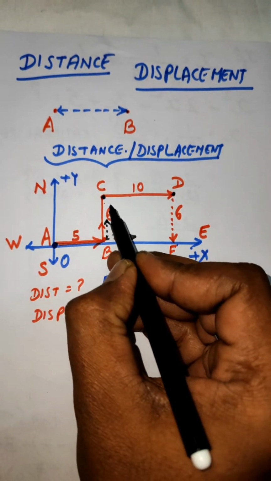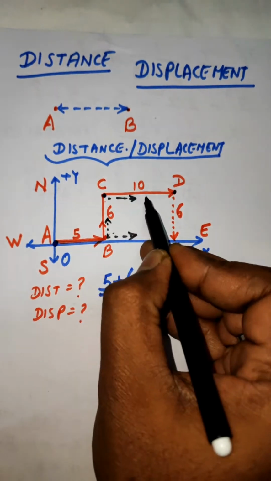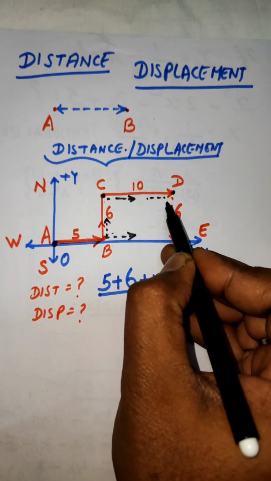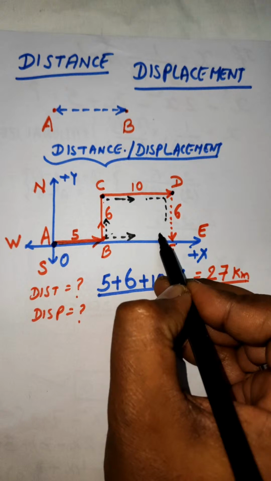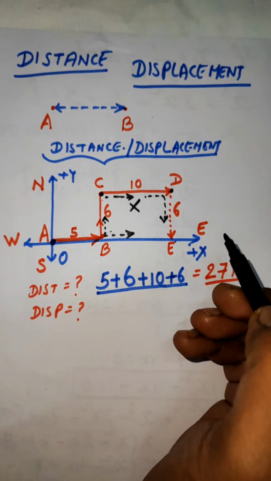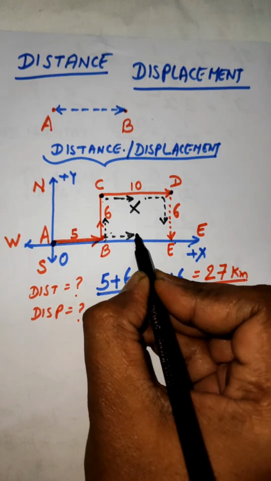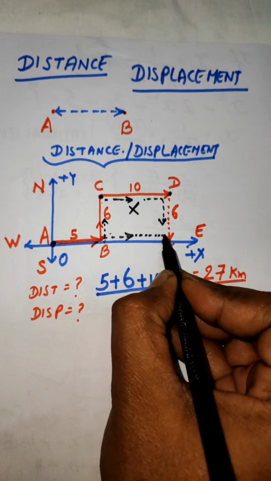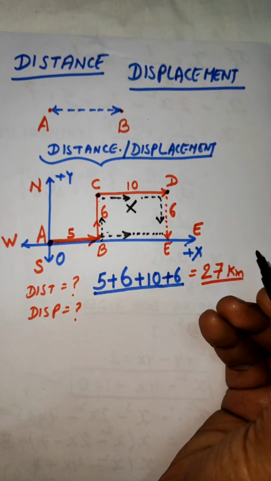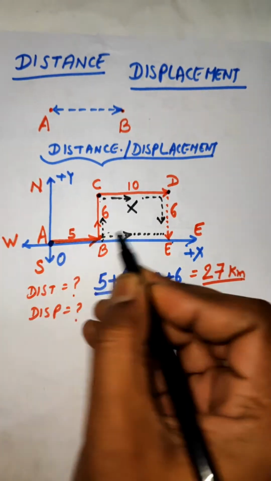You should not go like this: B to C, C to D, on reaching D and then coming to E. This is not valid for displacement, right? So when the person reaches B, he directly goes from B to E like this, because we know that displacement is the shortest distance.